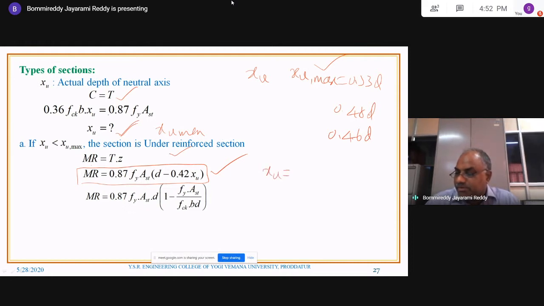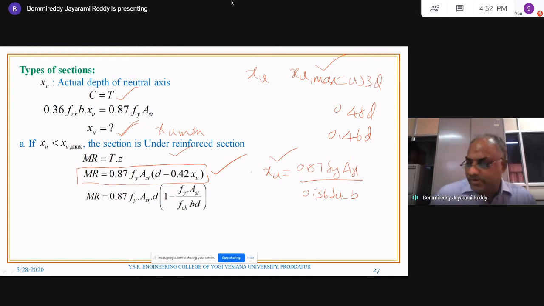XU from here is XU equal to 0.87 FY AST by 0.36 FCK B. If you substitute this XU value here, you will get this equation. There is no need of remembering it, because you know the XU value and you know this equation, and if required, you substitute the XU value here and automatically you will get this equation.